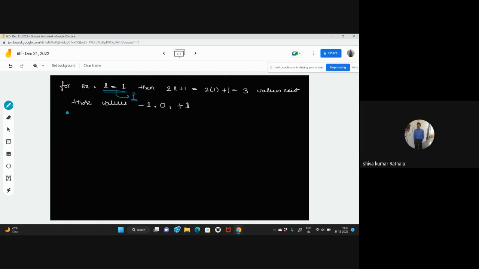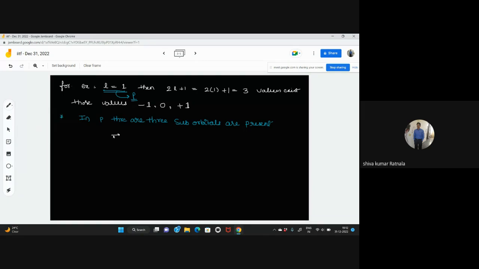So that means in p there are 3 suborbitals. Each ML value indicates a suborbital.